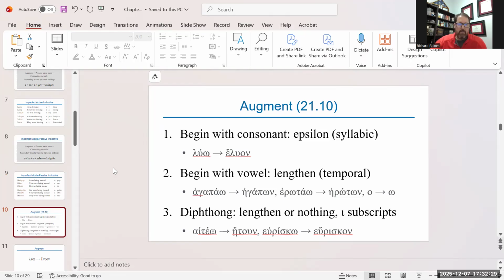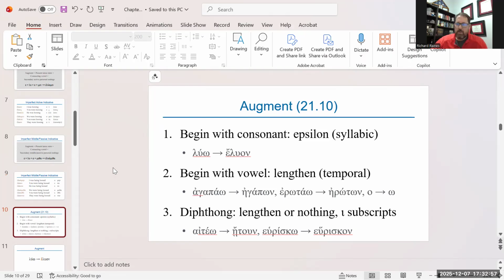That gamma and that alpha and that pi is going to give it away, and you're going to say, oh, that's lengthened. It's something you have to remember and look for. It's not as easy as memorizing agapao as a vocabulary word, but I don't think you're going to have too much trouble with that. Certainly I don't think you're going to have any trouble if a verb begins with a consonant and you see that epsilon. You'll be able to see that really easily in a sentence.